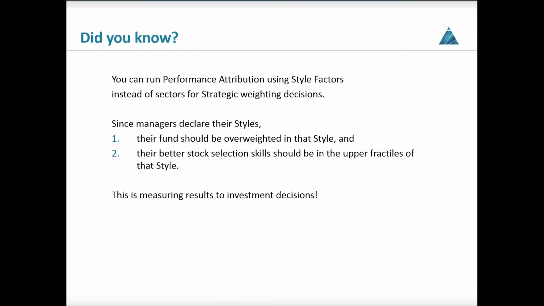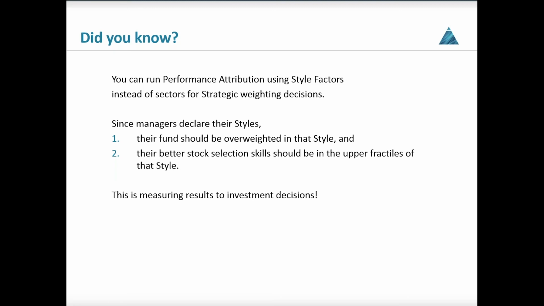With performance attribution, instead of using sectors for the classification, you can use a style factor. For example, you can take a factor like cash flow yield. We can measure that across a benchmark or market, and we can divide that into 5 quintiles, each an equal dollar size, so that the top quintile contains stocks that have the highest cash flow yield.